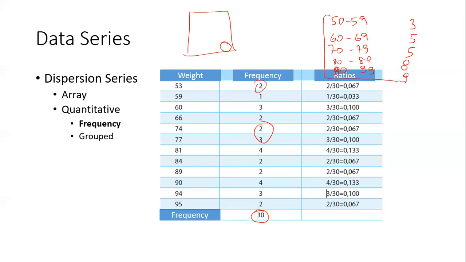This is a more compact way of showing your data, and now you can understand it better. You can see that as the cargoes become heavier, the data is accumulated on the heavy side.